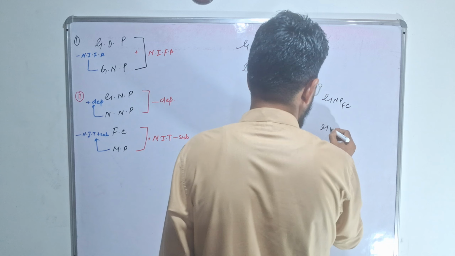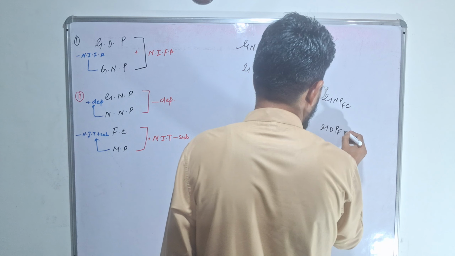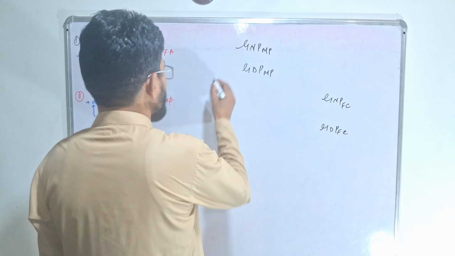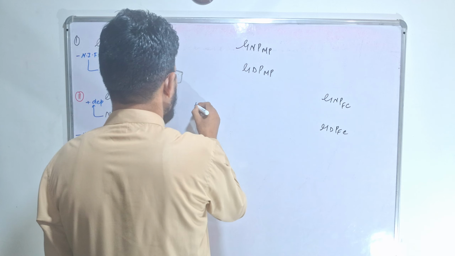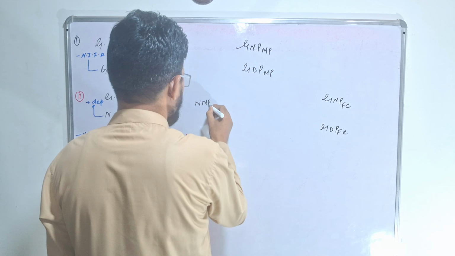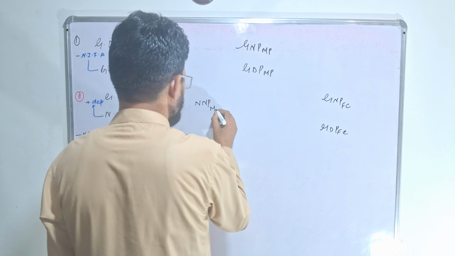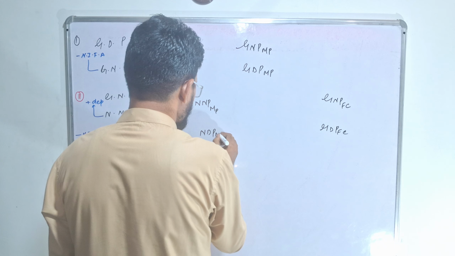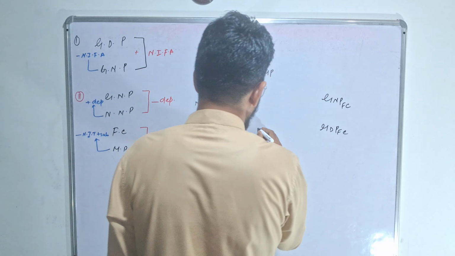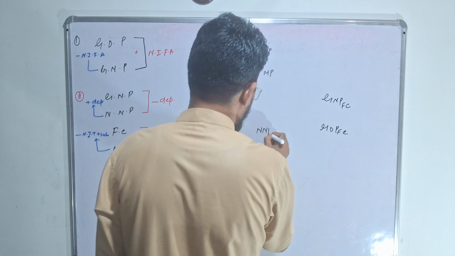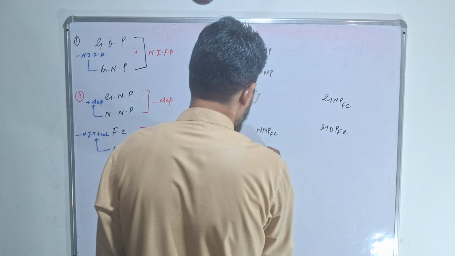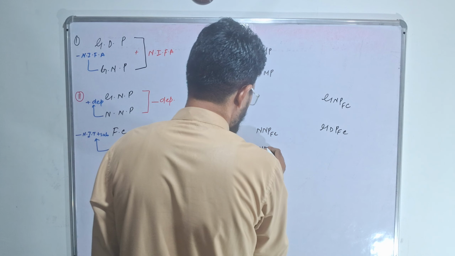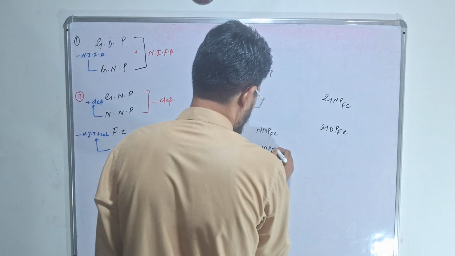Here I will write gross domestic product at factor cost. Here I will write net national product at market price. Here I will write net domestic product at market price. Here I will write net national product at factor cost. Here I will write net domestic product at factor cost.